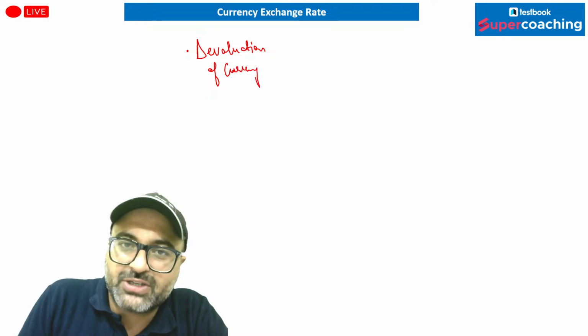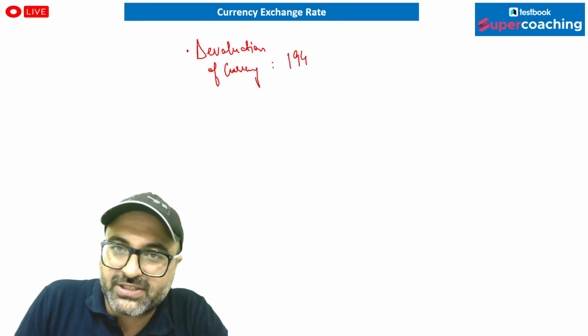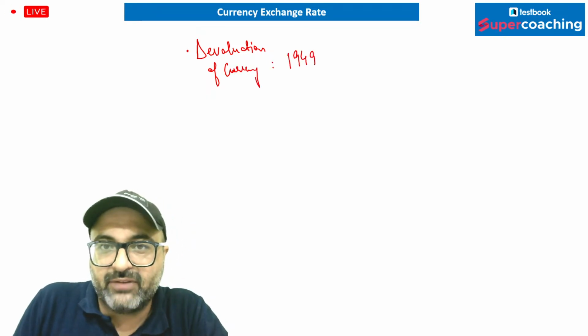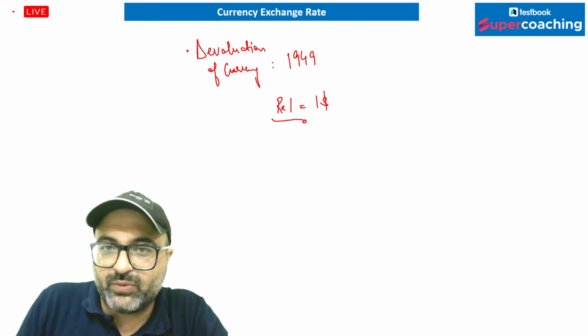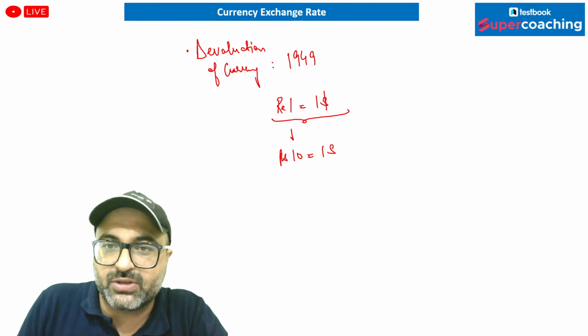Devaluation of currency was done for the very first time in 1949. In 1949, the government changed the rate from 1 rupee equals $1. This rate was revised and it was changed to, I'm just taking an example, 10 rupees equals $1.